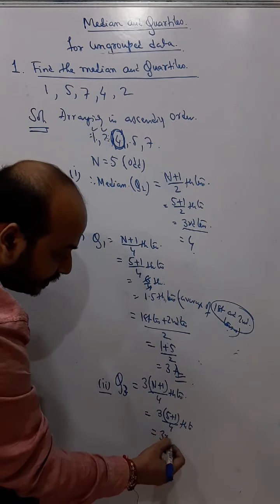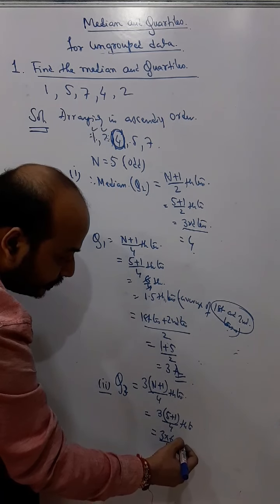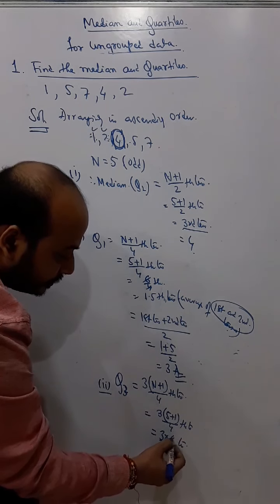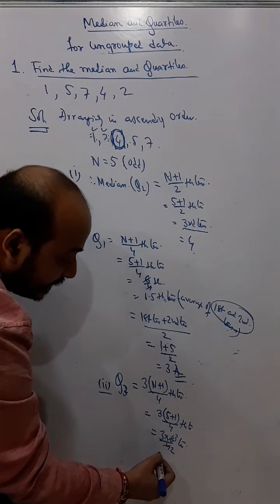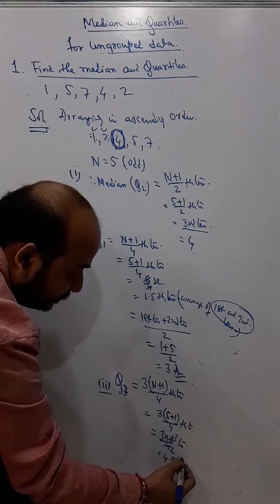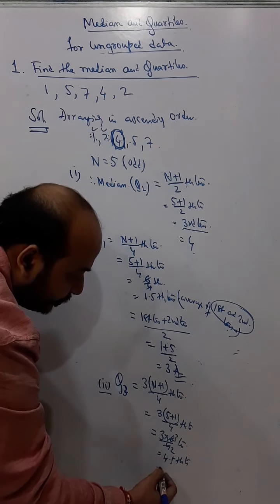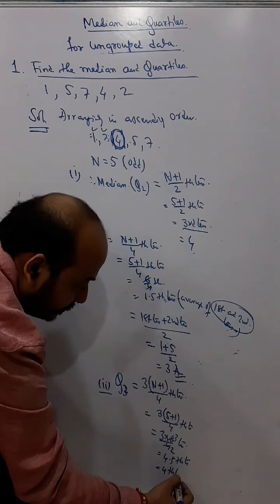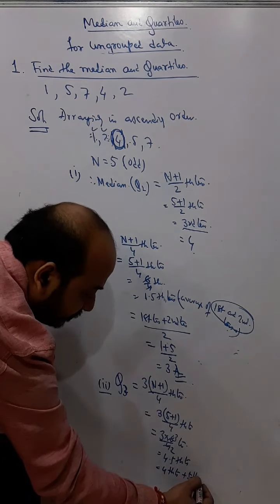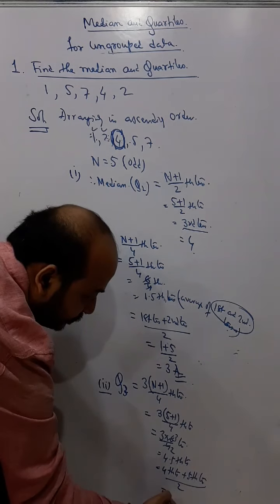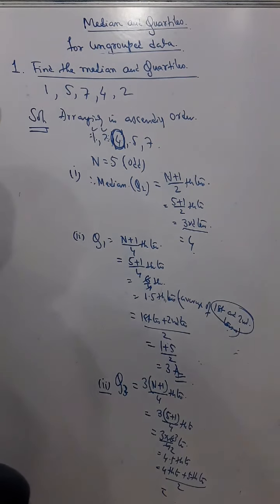So I get 3 into 6 by 4 term. So I get 9 by 2, that's 4.5 term. And you can understand 4.5 term means 4th term plus 5th term and divide by 2.